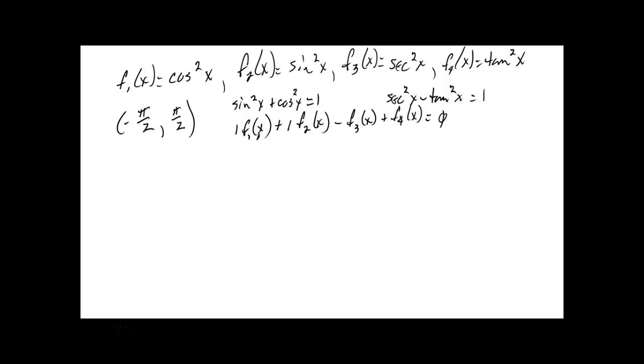So there's a linear combination of those 4 functions that add to be 0 without all the coefficients being 0. In fact, none of them are 0. That's linearly dependent. If the only way you can get that to be 0 is if all the coefficients are 0, that's linearly independent. Okay.